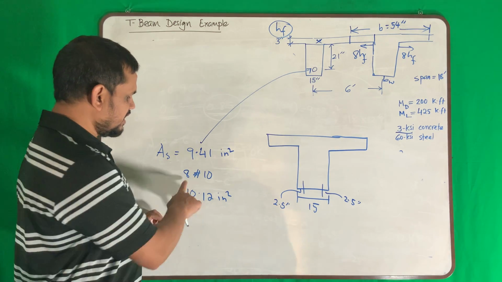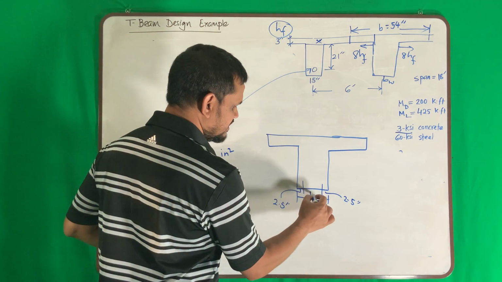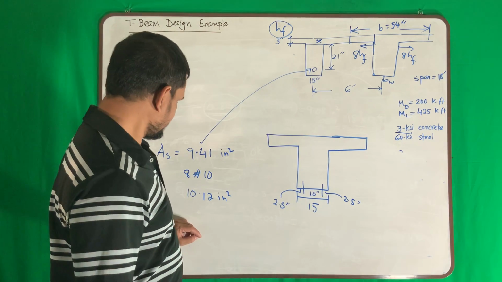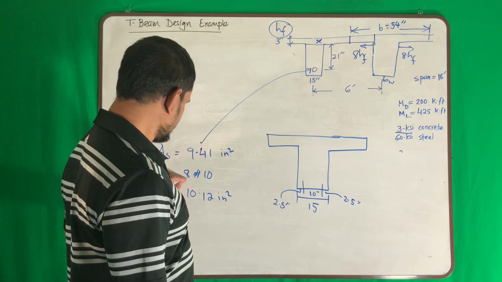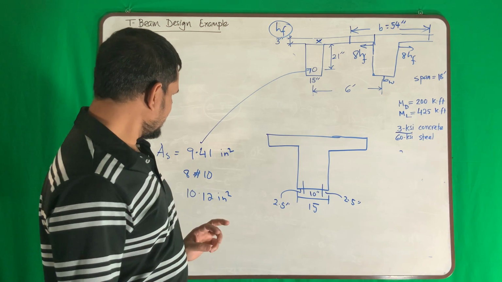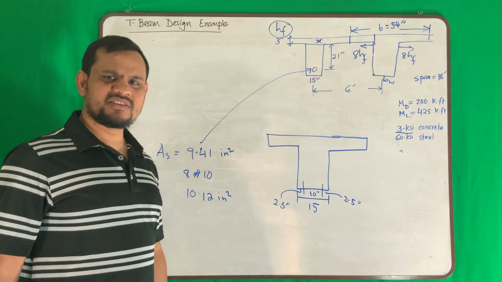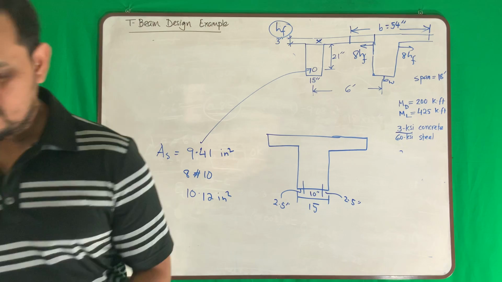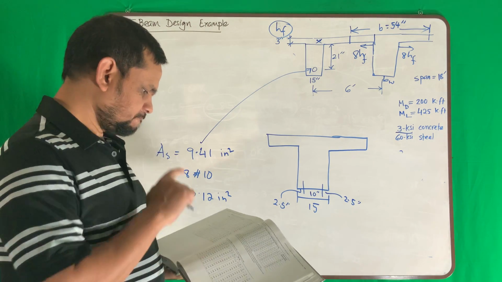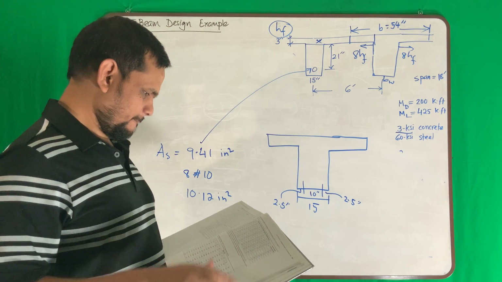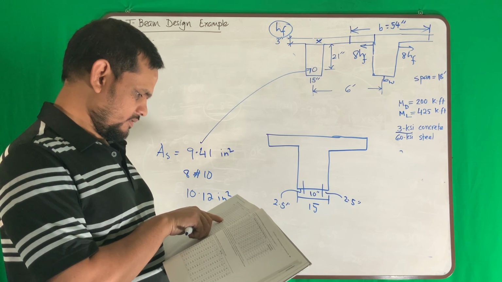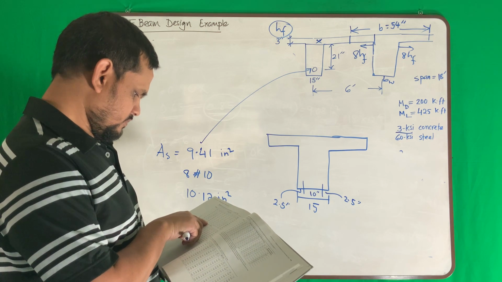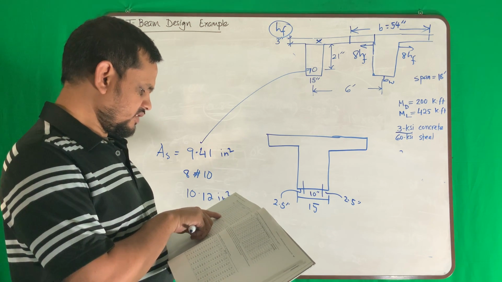If you want to provide 10 bars in 10 inch space, it is very difficult. So we need to bundle. But again, 8 number 10 bar is not a good size to me. I will decrease the bar number. Yeah, there is actually no option.